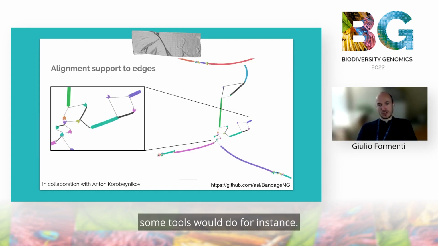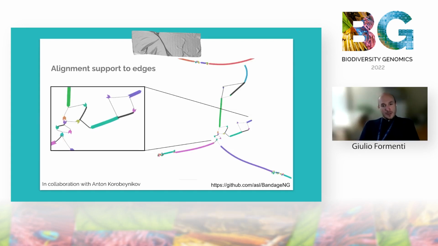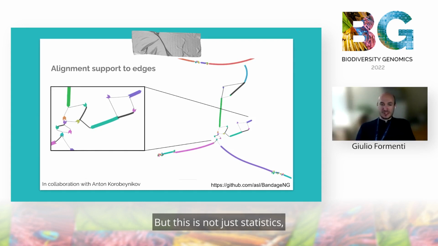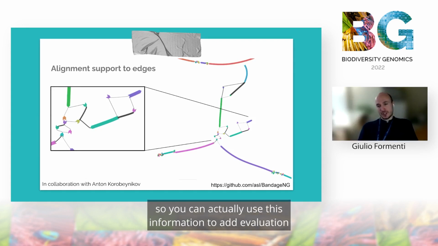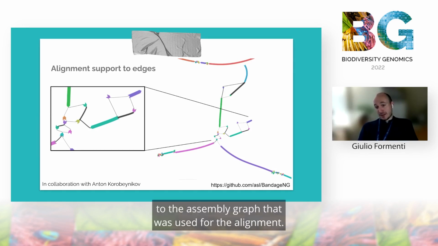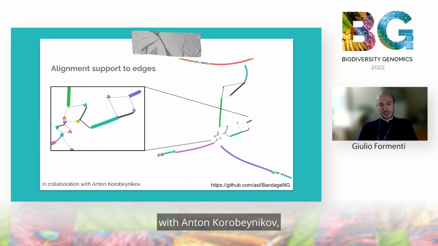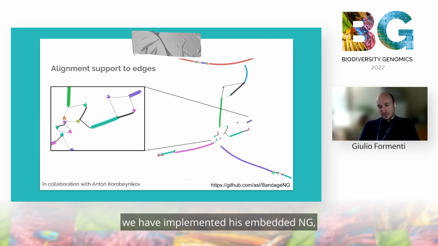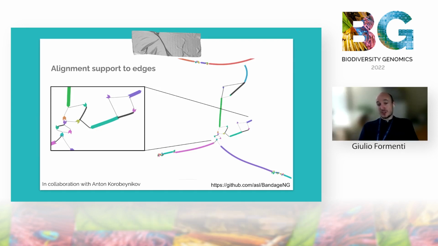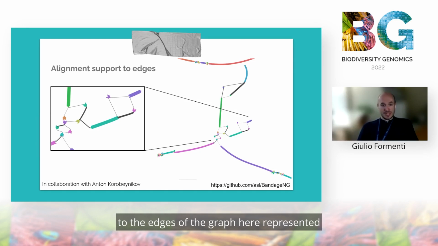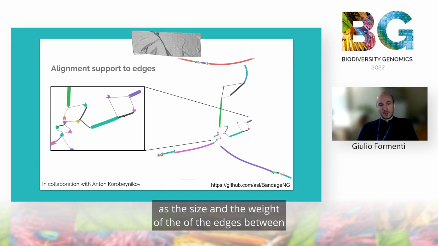But this is not just statistics, so you can actually use this information to add evaluation to the assembly graph that was used for the alignment. So this is an example, again in collaboration with Anton Korobeynikov. We have implemented this in Bandage-NG so that now you can see, for instance, the support that read alignments provide to the edges of the graph, here represented as the size and the weight of the edges between the nodes.